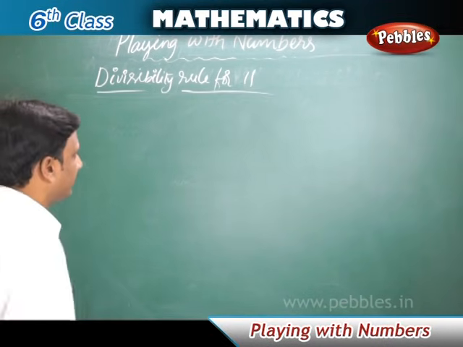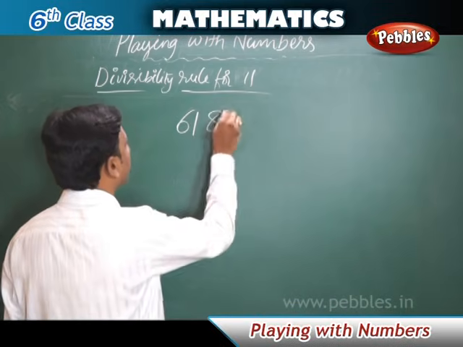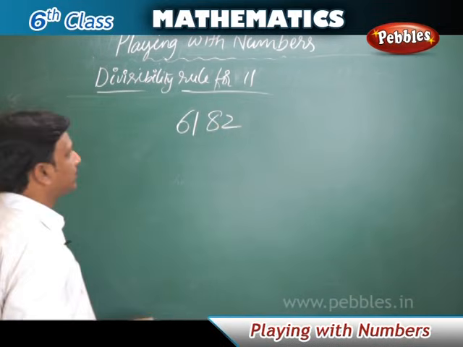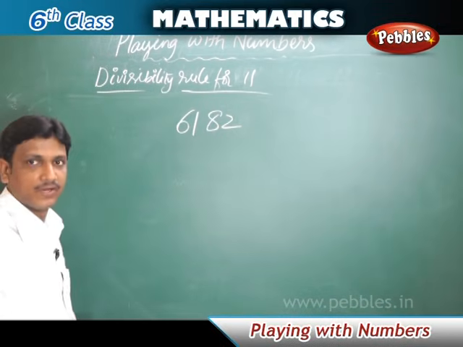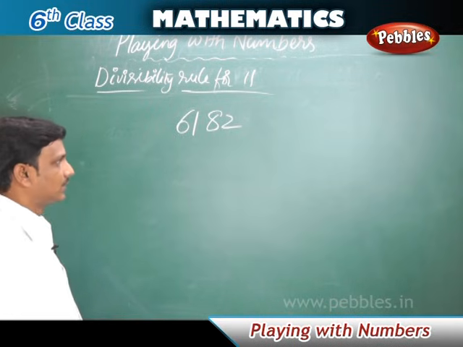Divisibility rule for 11. Let us take a number. Now we are going to verify whether this number is divisible by 11 or not. How do we do that? What is the divisibility rule for 11?